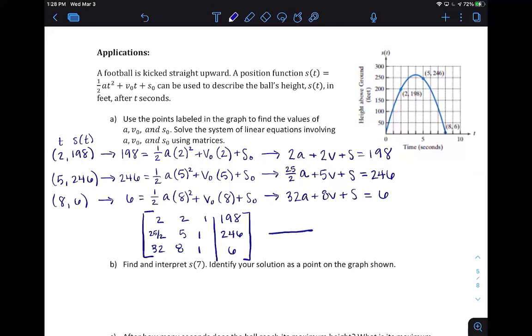And then we're going to plug that in our calculator and do reduced row echelon form. For the 25 halves, you can either leave that as 25 divided by 2, or if you want to type it in as 12 1/2, it doesn't matter.